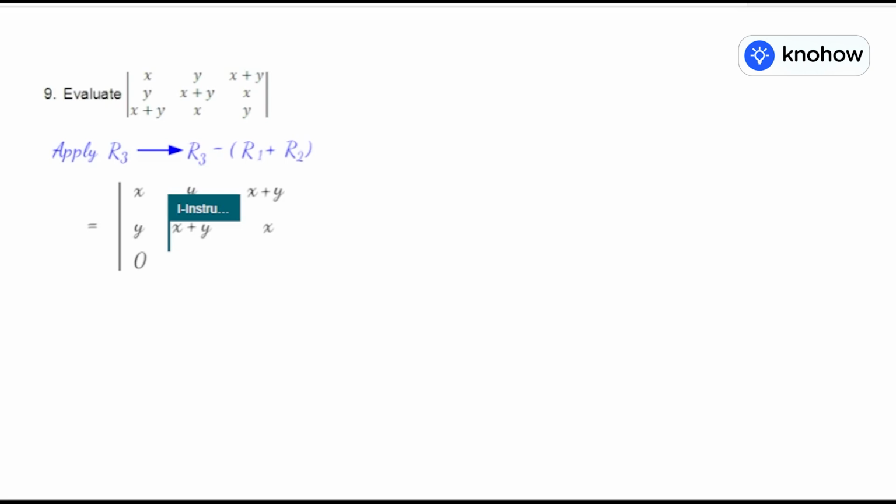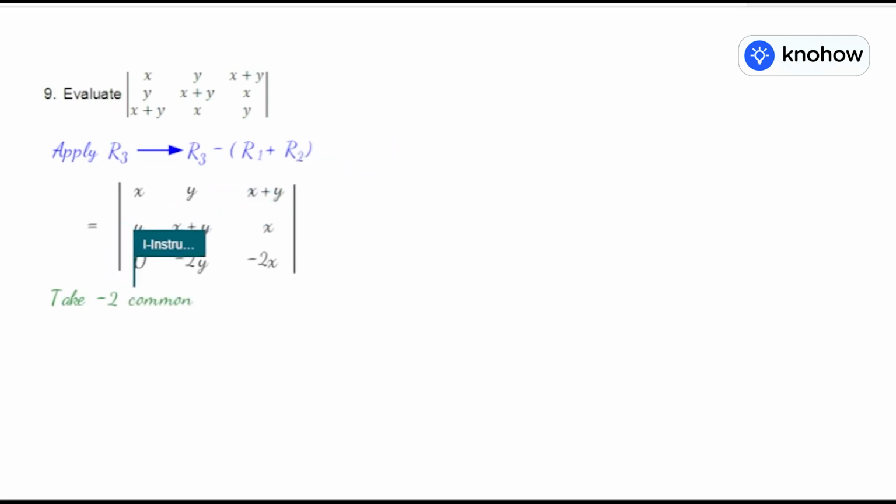So you will be left with minus 2y, and similarly the next element will be y minus (x plus 2y), so you are left with minus 2x. Now clearly we can take minus 2 common from R3.